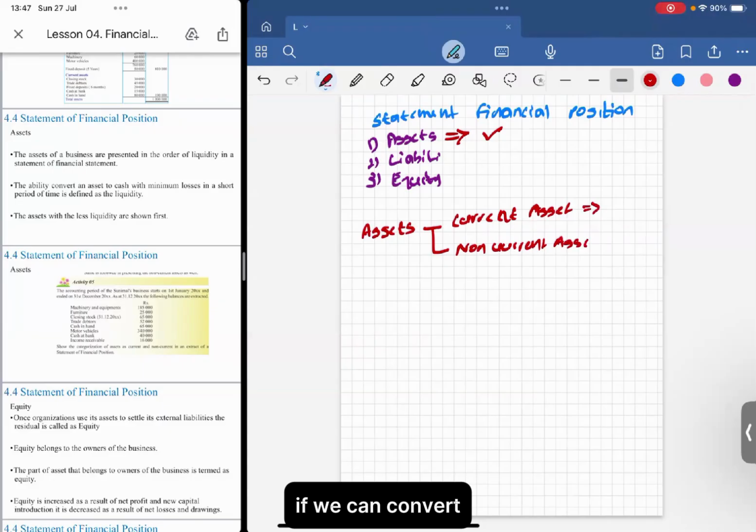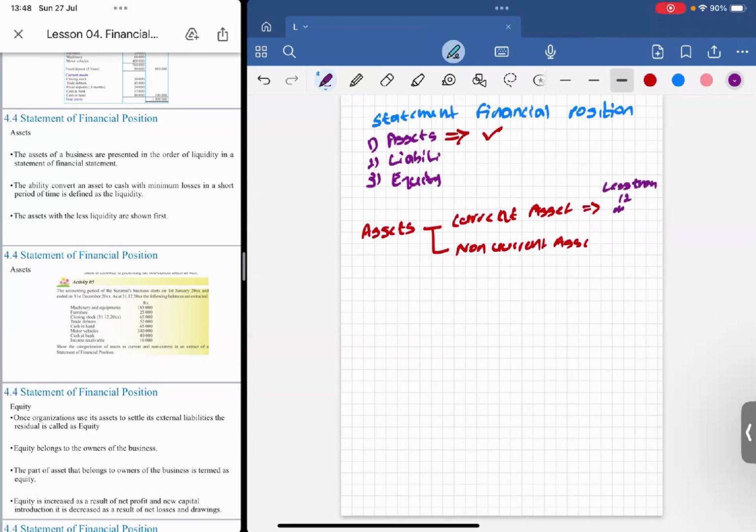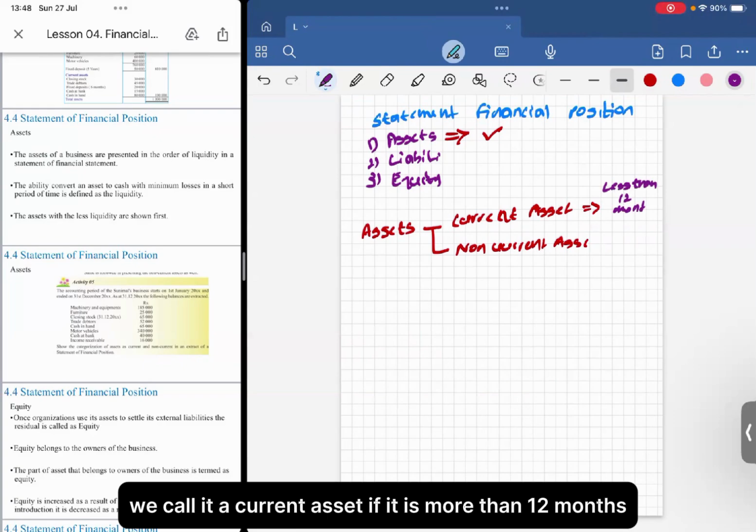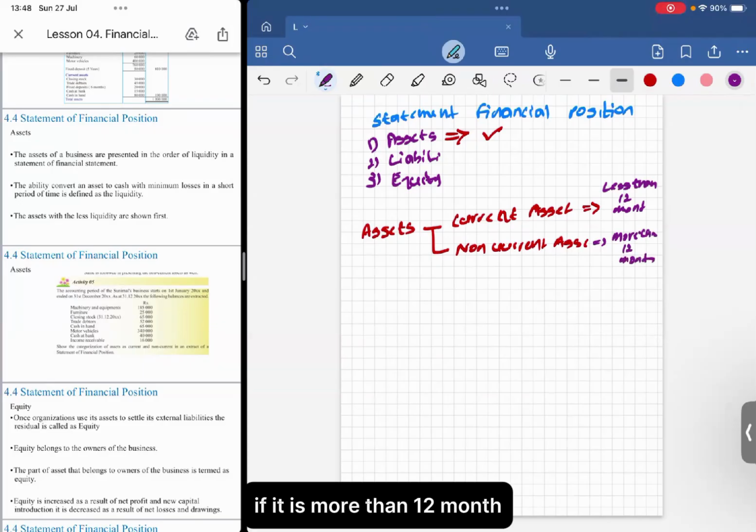If we can convert an asset into cash in less than 12 months, we call it a current asset. If it is more than 12 months, we call it a non-current asset.